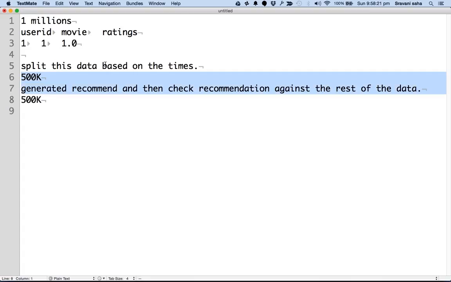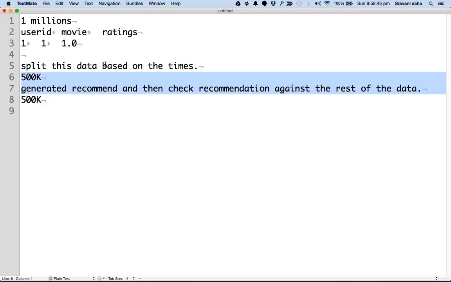Meaning, if your recommender has run only on the data where we had 500,000 records, whatever recommendation it gave, did it actually happen? Based on timeline, you split the data and say up to 2005 we have the records.